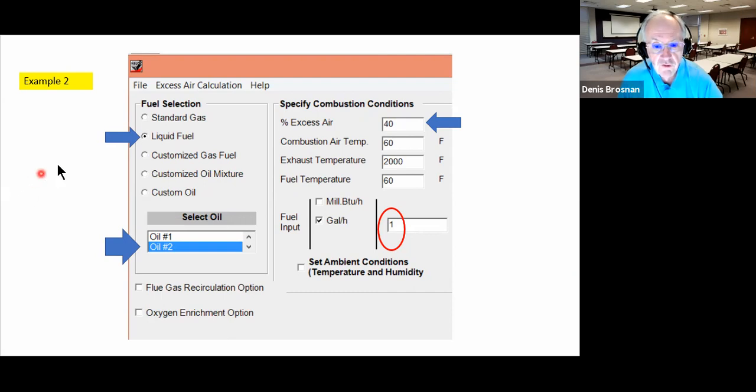So I chose a liquid fuel, and I chose number 2 fuel oil, which is very similar to diesel fuel. I chose excess air of 40%, a combustion air temperature of room temperature, fuel temperature the same, and a combustion temperature of 60, and I did it per gallon.